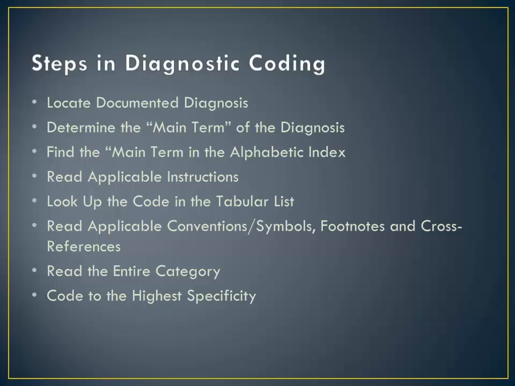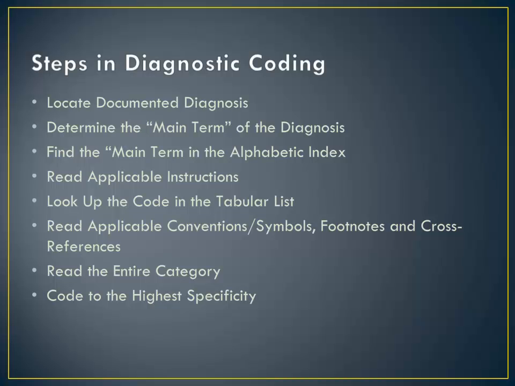And then we're going to take that information from the index and look up the code that we've determined in the tabular list. We're now moving from the index into the main section of our volume. You never code from the index when you're assigning either a diagnostic or a procedural code.